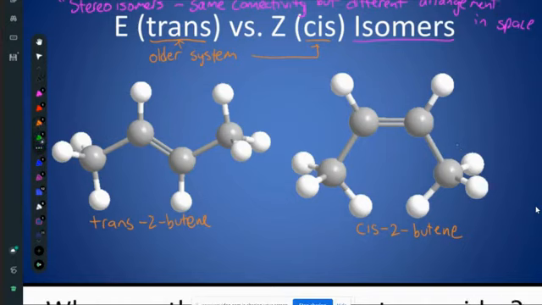Just if you're interested, E is a German word, entgegen, which essentially means against or across. And then Z is zusammen, which means together.